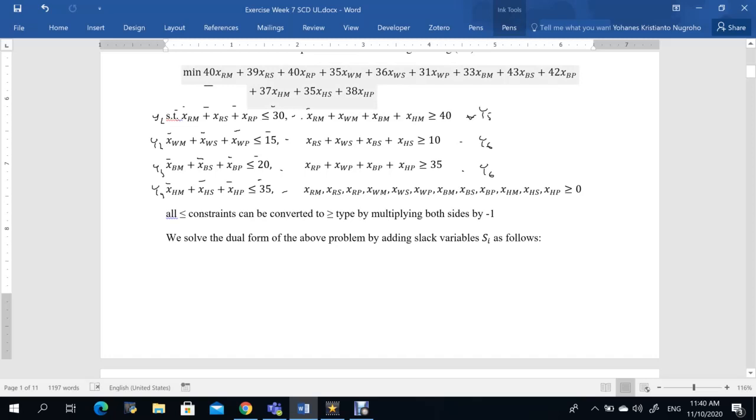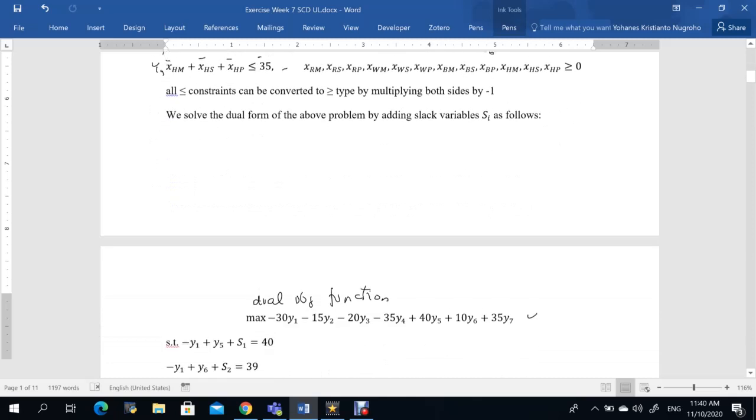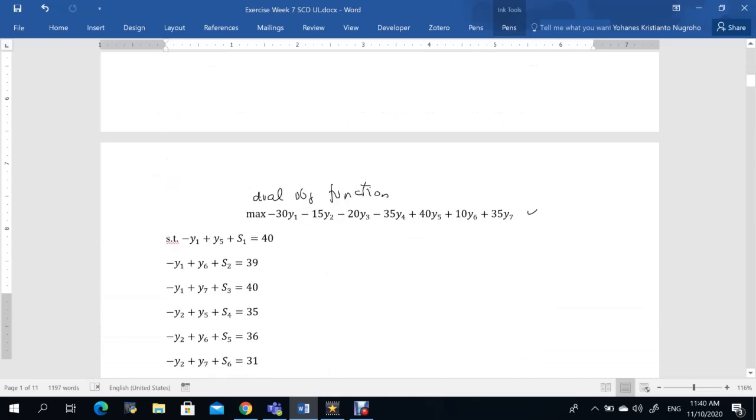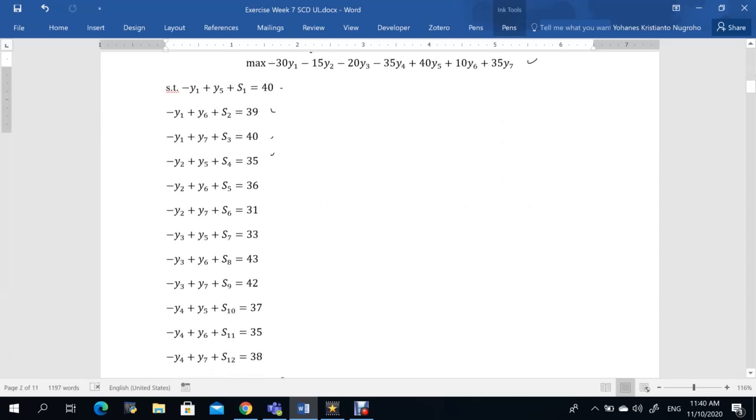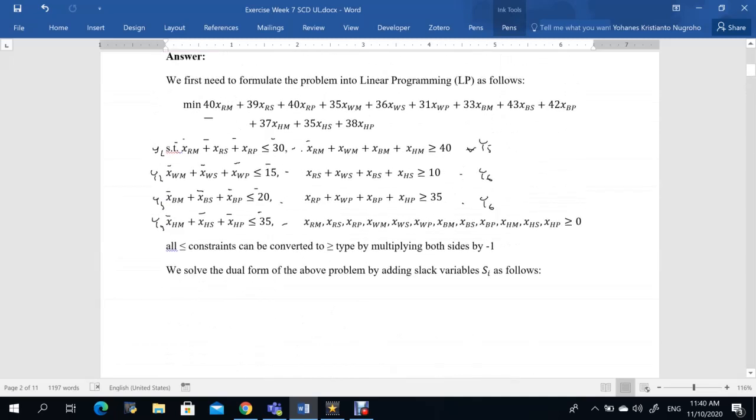So this 40, each coefficient in this objective function becomes the right hand side of the constraints of the dual problem, right? And we do the same for other constraints by utilizing all primal variables here and converting into dual variables.